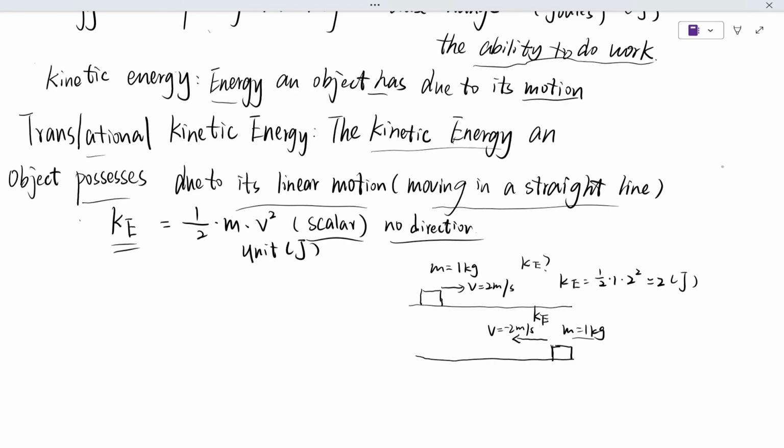Let's plug into the equation and see if they're actually equal. So KE is equal to 1/2 times 1 kilogram, because 1 is its mass, times negative 2 squared. What is negative 2 squared? It is equal to 4, right? So it is basically equal to half times 1 times 4, which is also 2 joules. So it proves that the kinetic energy is a scalar and has no directions. So you don't really need to worry about the directions when you're solving any of the problems.